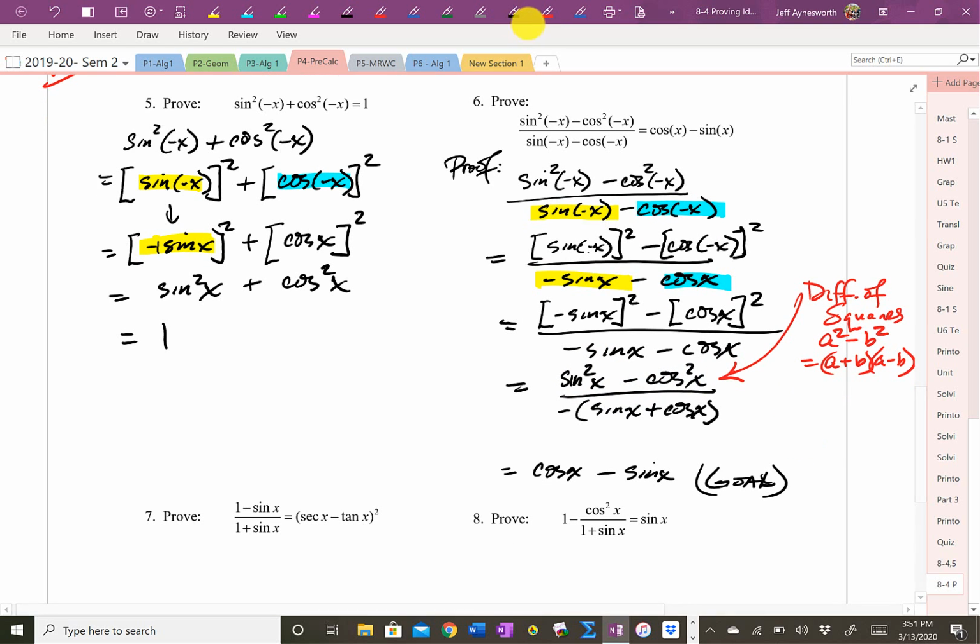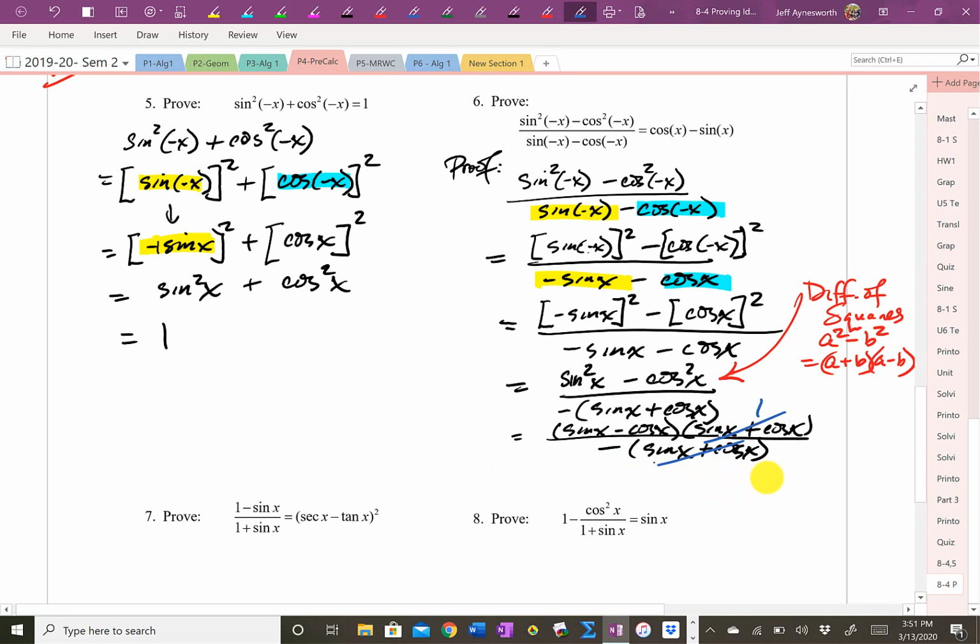So what I need to do is factor it. Up top, I get sine x minus cosine x times sine x plus cosine x, all divided by the denominator, which is negative times the quantity sine x plus cosine x. And if you look closely, these cancel nicely. All of that cancels with all of that. So what I get is this all divided by negative 1.